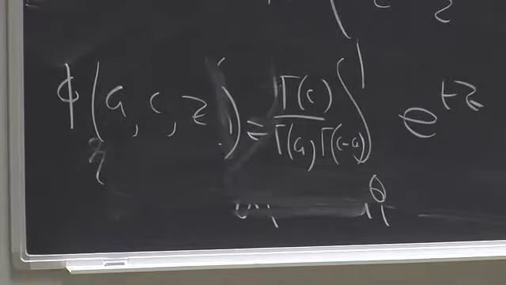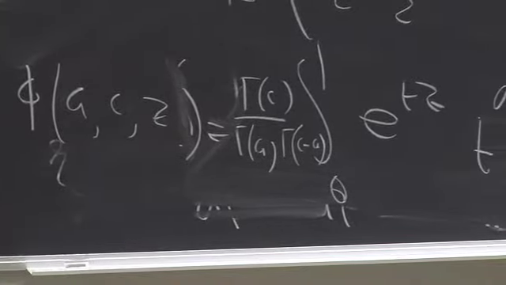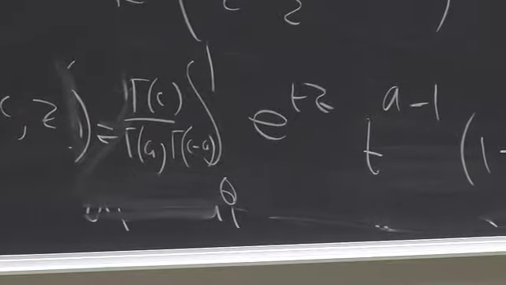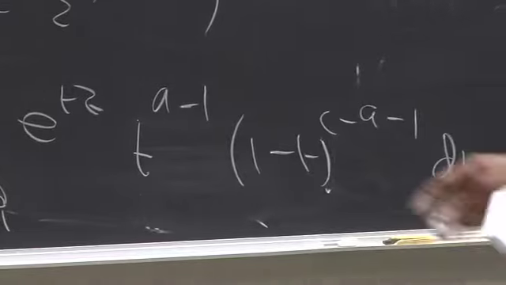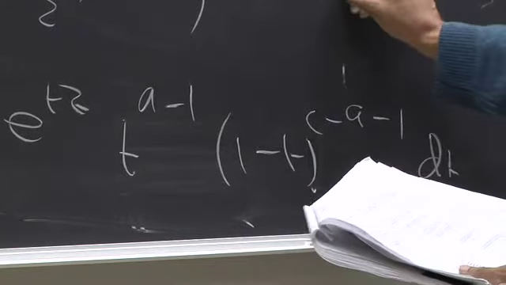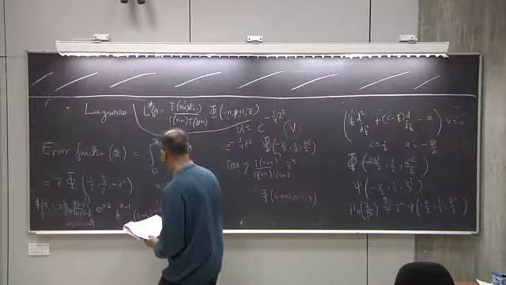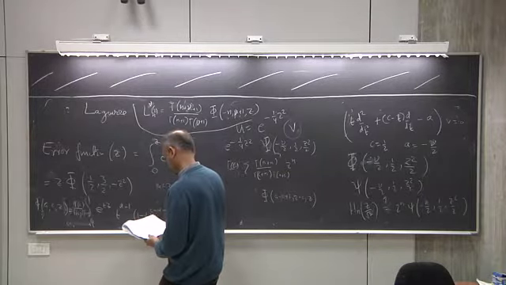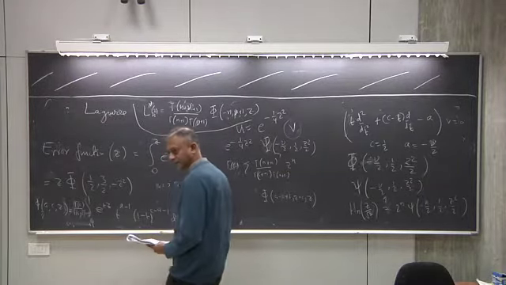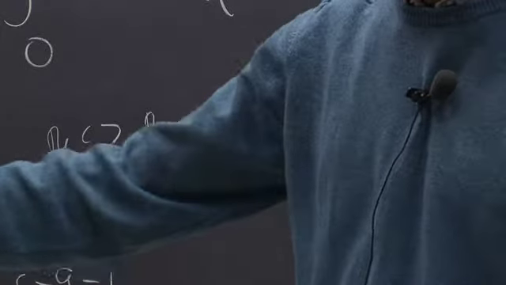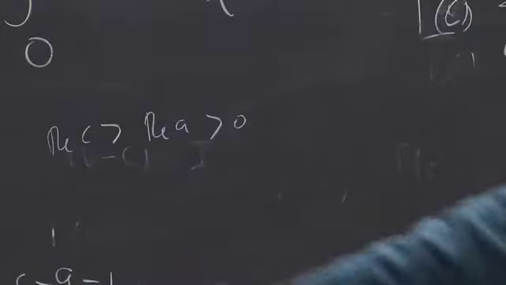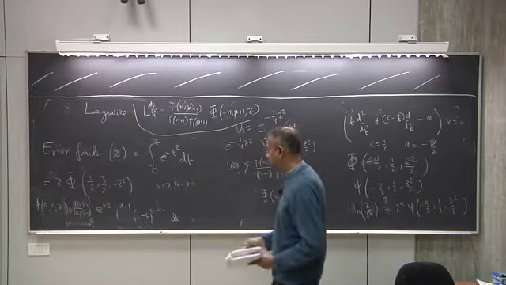This integral was defined for real c greater than real a greater than 0, that was the condition. Here a is a half and c is 3/2, so the condition is satisfied and the integral perfectly makes sense.